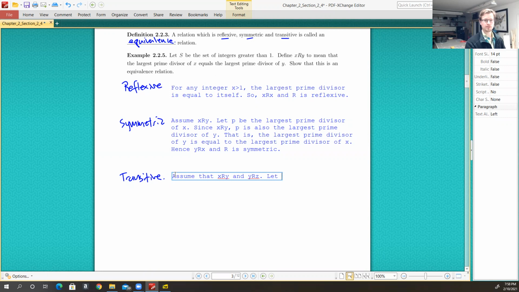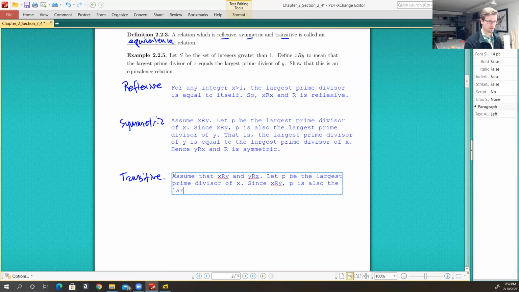So again, we're going to let p be the largest prime divisor of x. Once we have that, we can say that y has the same largest prime divisor. So since x is related to y, p is also the largest prime divisor of y.